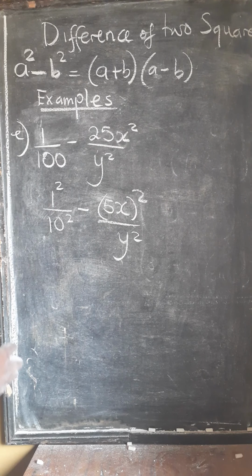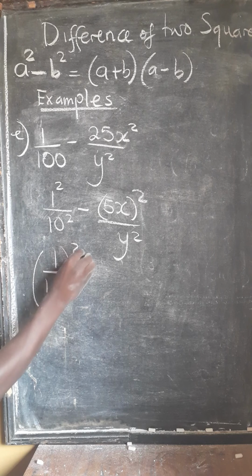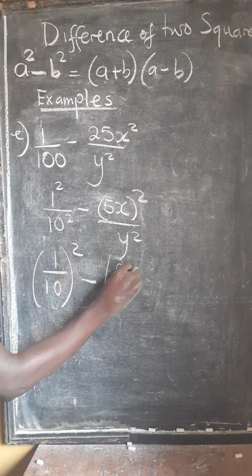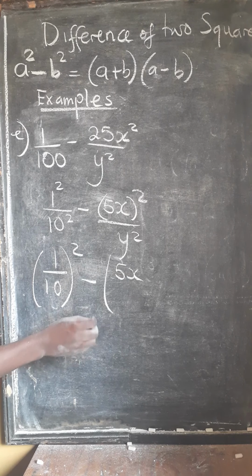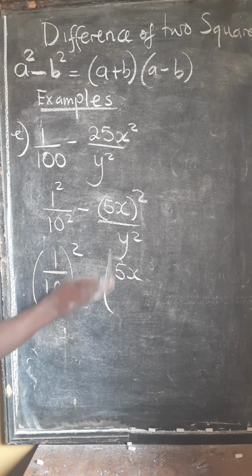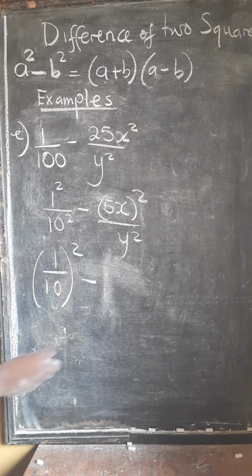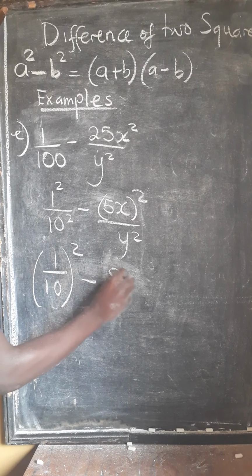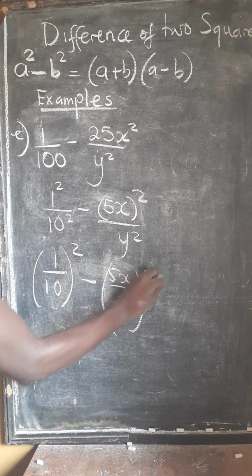If you want, you can go further and simplify this as 1 over 10 squared minus 5x over y squared.